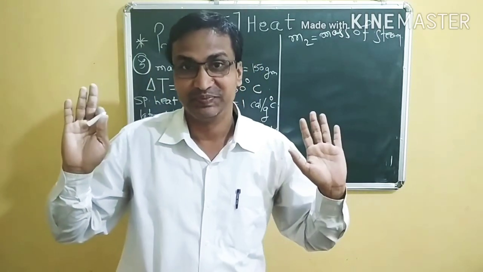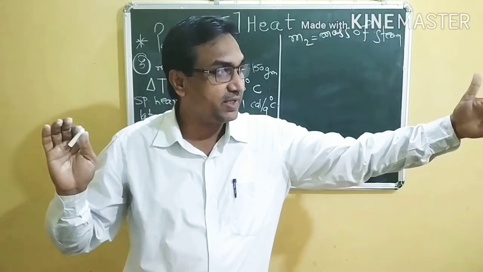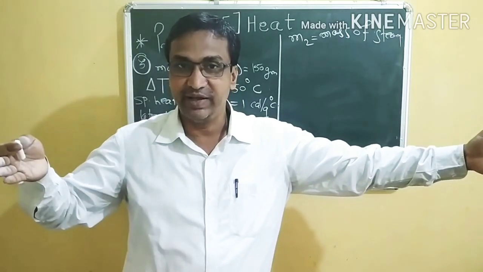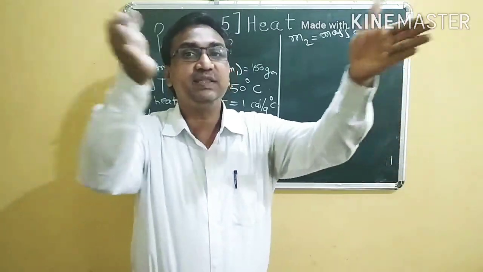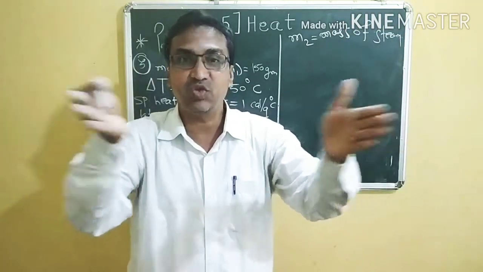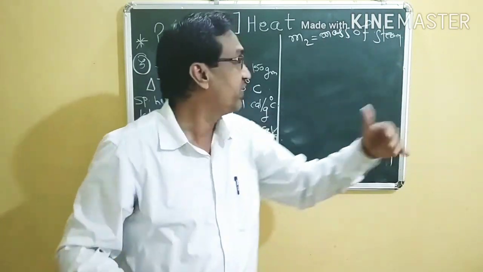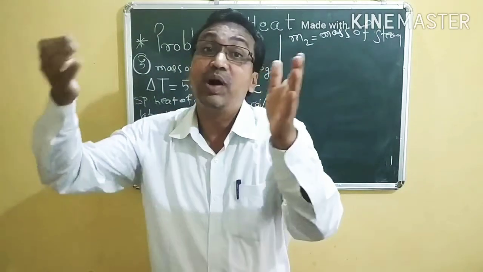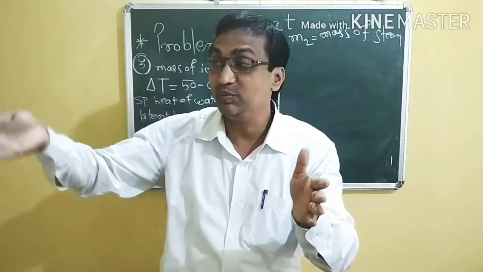Here is ice of 0 degrees Celsius, here is steam of 100 degrees Celsius, and we are mixing these quantities: ice of 150 gram and steam of how much gram, that we have to find out.